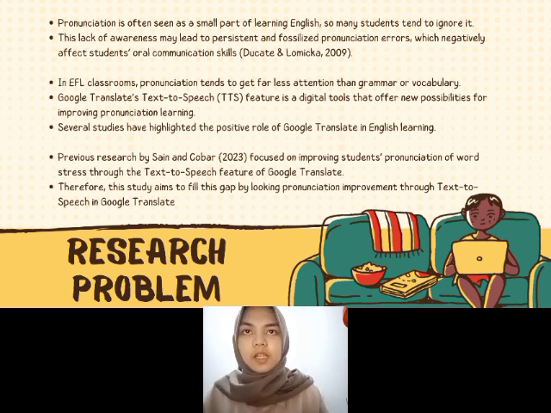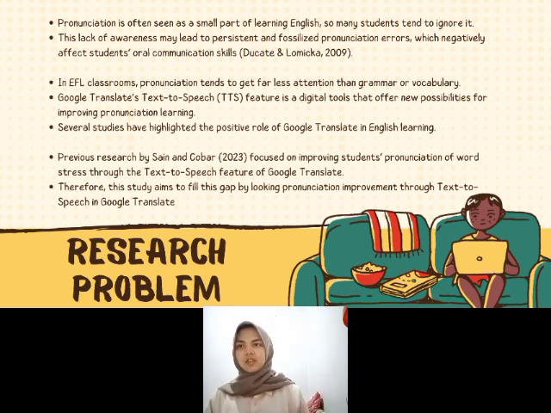Because of this, students often do not realize how many English words they actually pronounce wrongly, especially in daily vocabulary too. According to Derwing and Munro 2009, this lack of awareness may lead to persistent and fossilized pronunciation errors, which negatively affect students' oral communication skills.